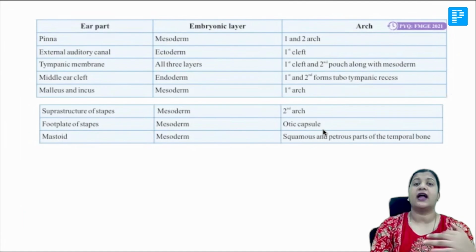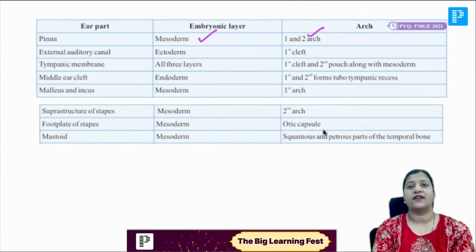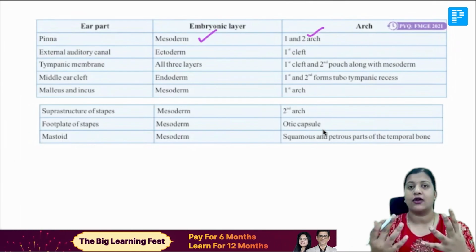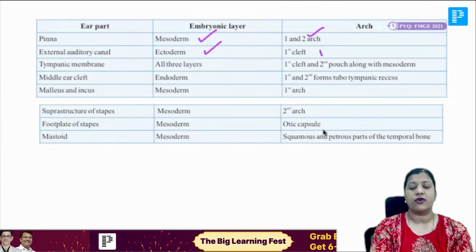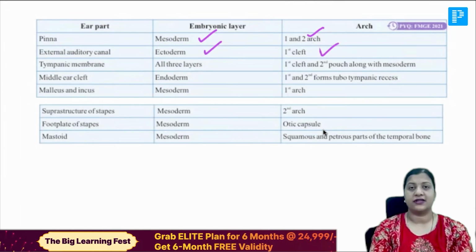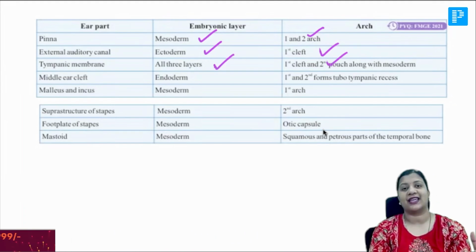And there have been a lot of questions from this particular slide. Pinna comes from the mesoderm of the first and second arch, where we have 6 hillocks, called hillocks of His. External auditory canal comes from the cleft or the ectoderm of the first arch. Tympanic membrane comes from all 3 layers of the first and second arch.